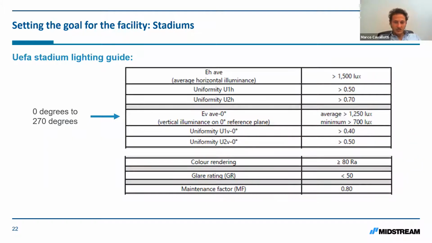Something interesting to show you is that the requirements also include the color rendering index, which should exceed 80. The color rendering index, the CRI, gives us a number from 0 to 100, which gives us the fidelity of the color given by the light source.